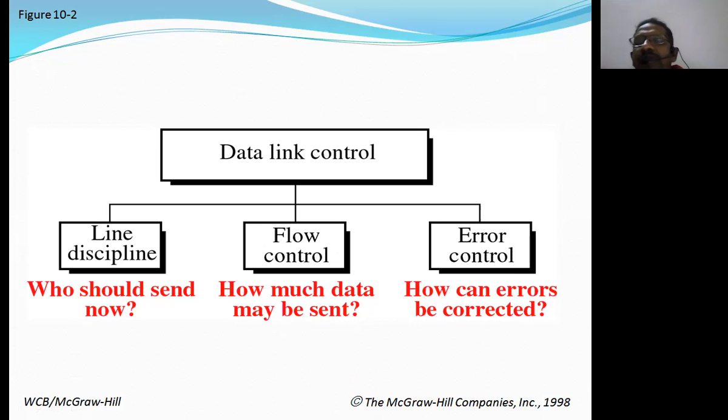After that, you should bother about the errors in the data. How many errors can be detected and how many errors can be corrected can be handled by the error control method. With these three basic functionalities, we complete the data communication between source and destination computers.